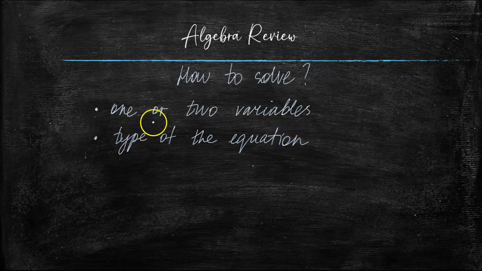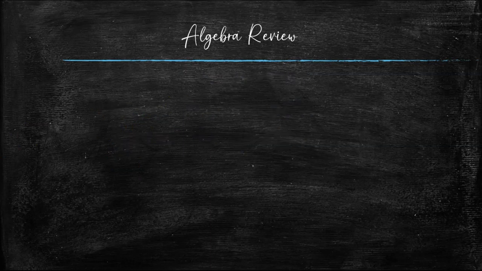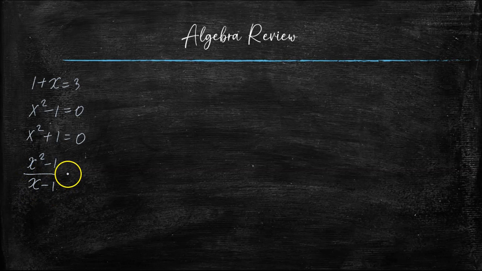So let's talk about when you have one variable first. If you have an equation in one variable, such as this one, or this one, or this one, or this one, if you look at the solution sets of these equations, they have one thing in common.